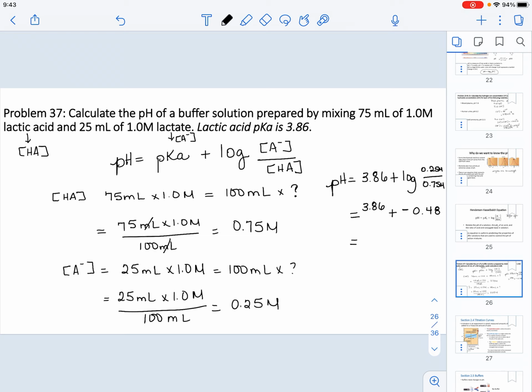The pH of this solution is going to be 3.38.